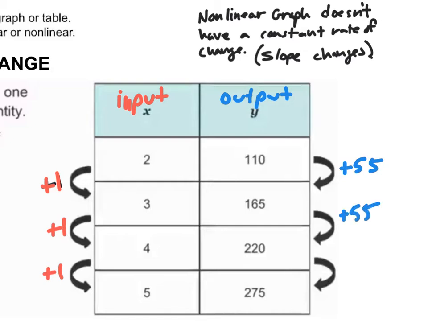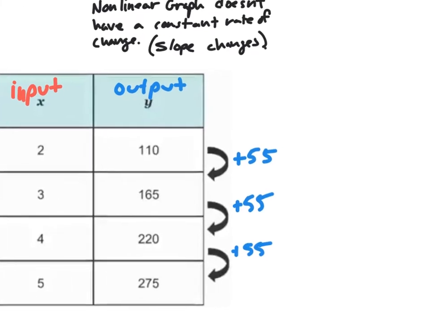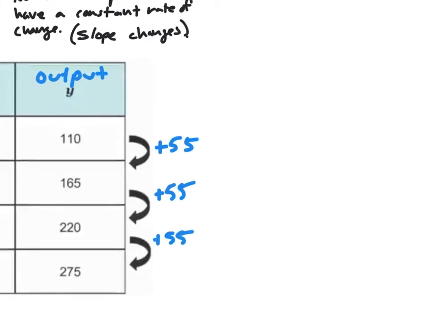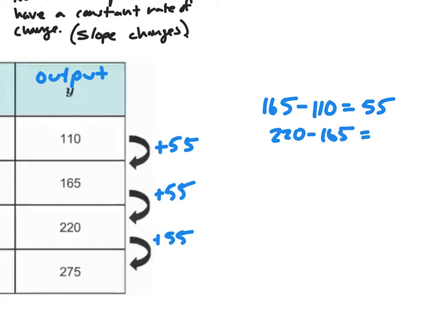To get from 220 to 275, I add 55. One other way you could figure this out is to take the previous one and subtract the other. So 165 minus 110 gives me 55. 220 minus 165 gives me 55. Same thing with 275 minus 220, that's going to give me 55.